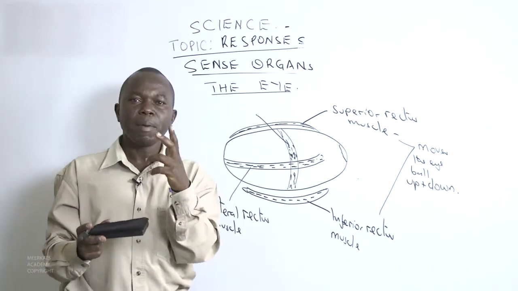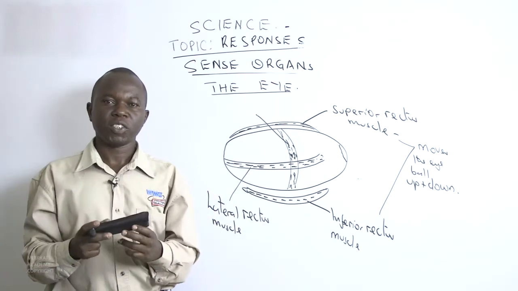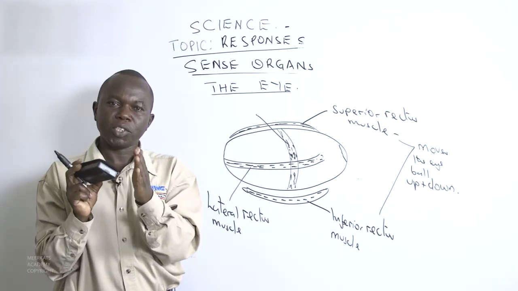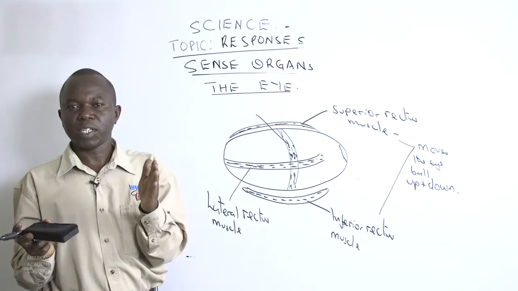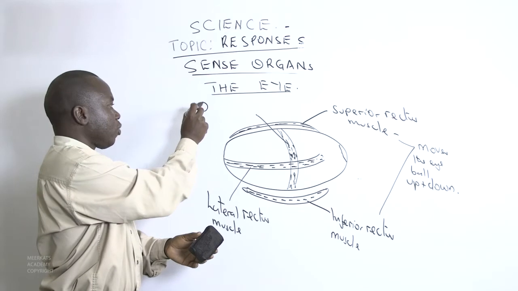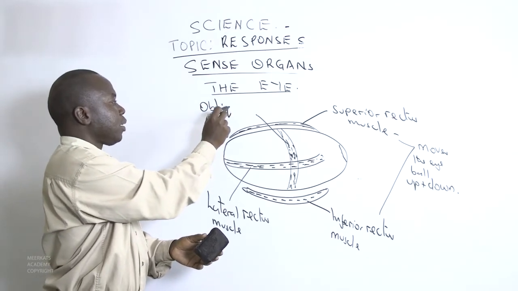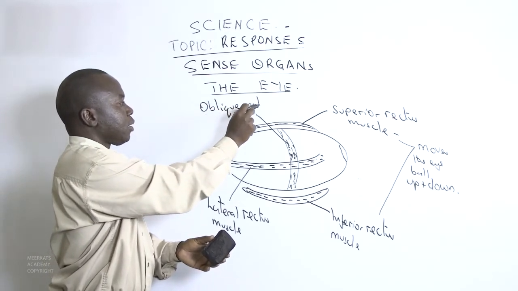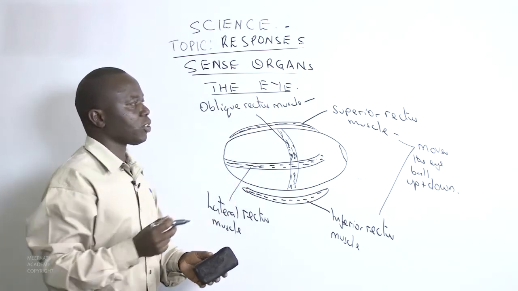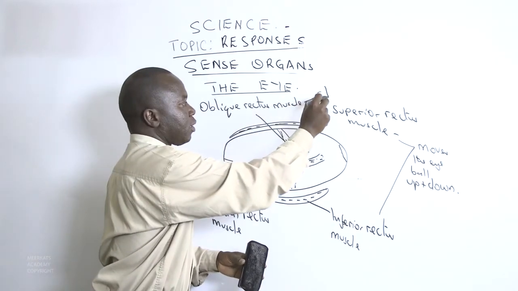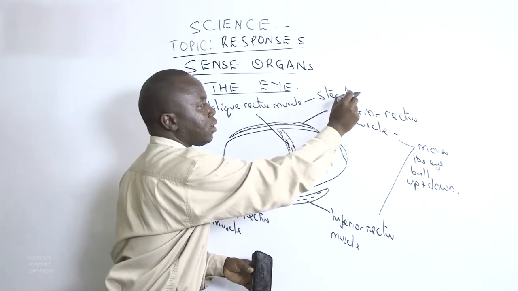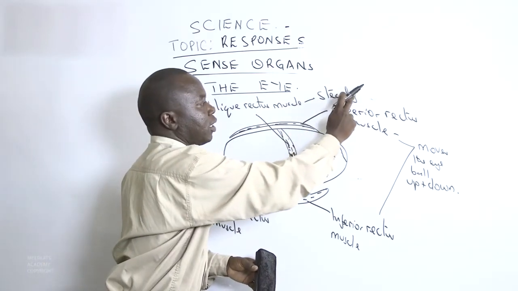We have this one for steady movement or steady state of the eye. Sometimes the eyeball, maybe if you are taking a photo, will have to be in a very particular, constant position. For that to happen, we require this type of muscles. Those muscles are called oblique muscles, for making the eyeball steady.